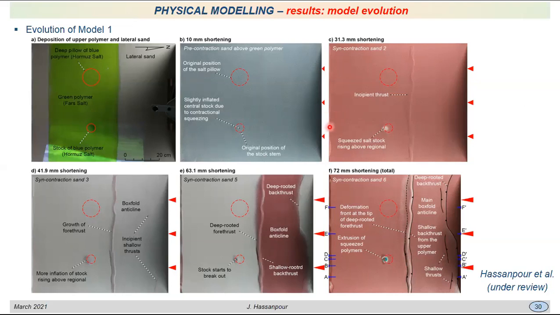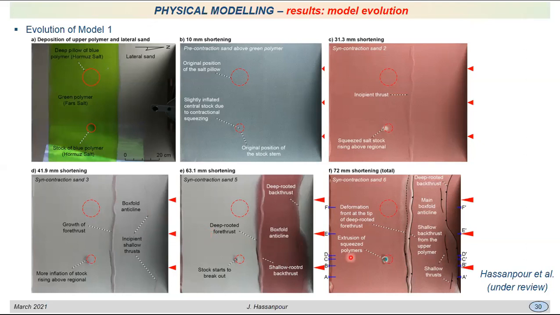And the contractional deformation coeval with sand deposition led to the squeezing of the salt stock, as you can see here, from the very beginning of the shortening due to layer parallel shortening of the sand layers. But we don't see any evidence of macro scale contractional structures like folds and thrusts. But at this stage, the contractional structures start to develop.